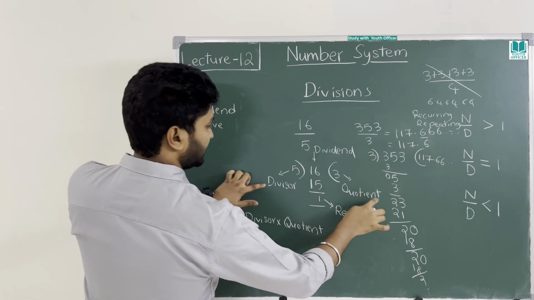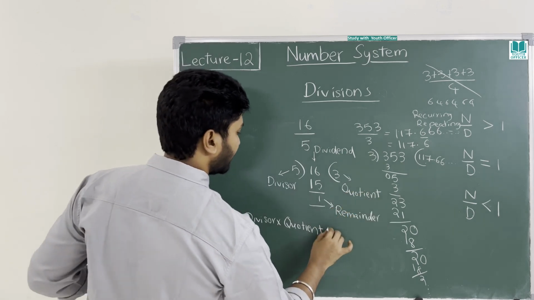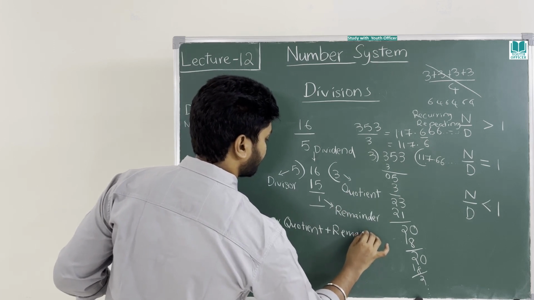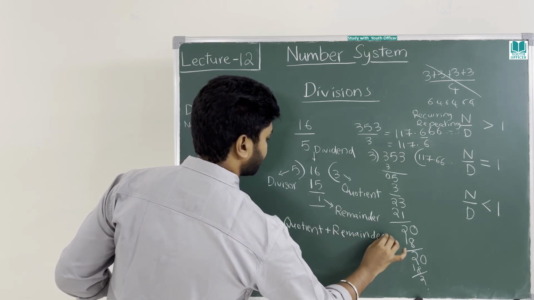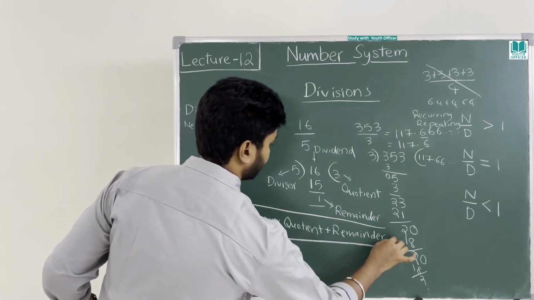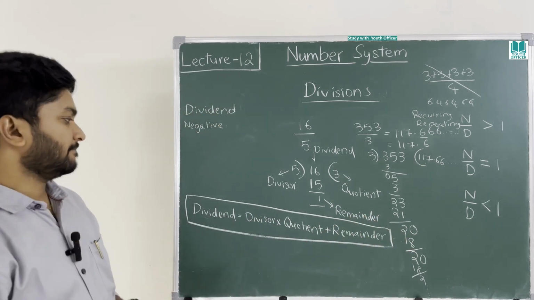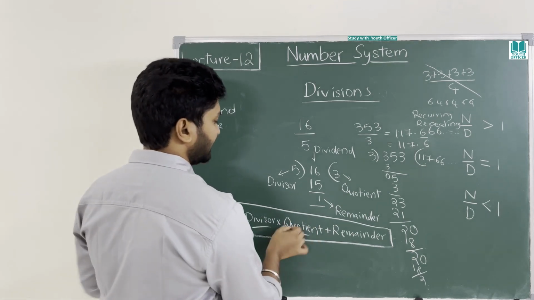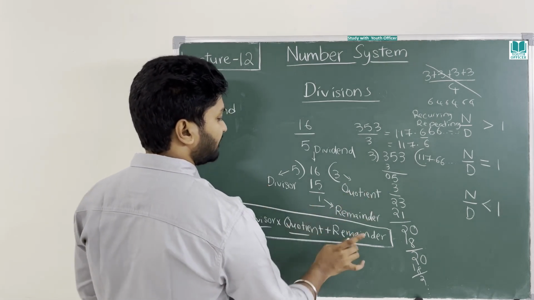You have to multiply these two, then you have to add the remainder. You have to multiply divisor and quotient, and then add the remainder.